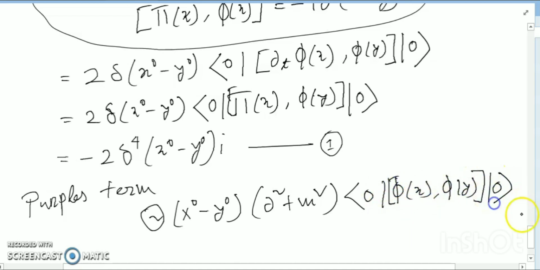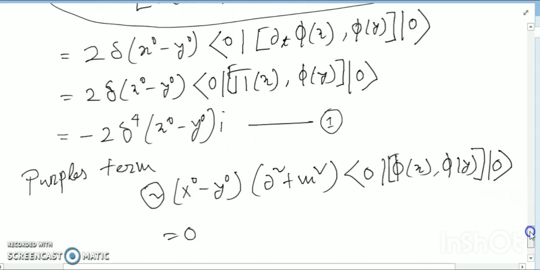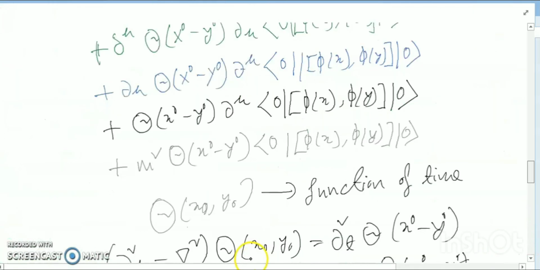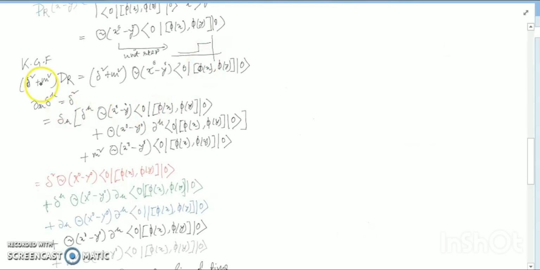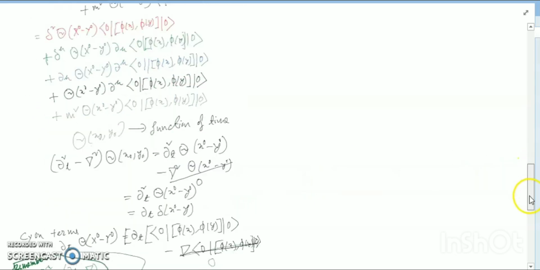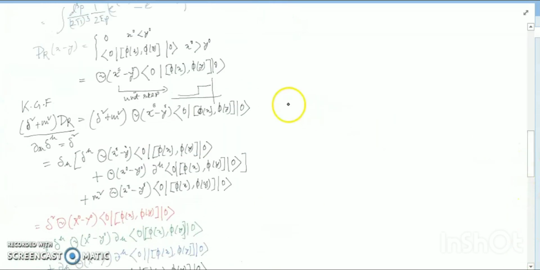So I just plug this value back in. More precisely, del square plus m square into capital D_R (x minus y). I got the total value.